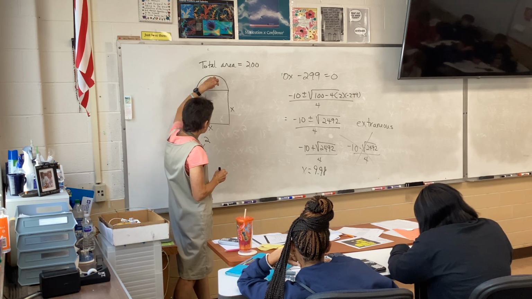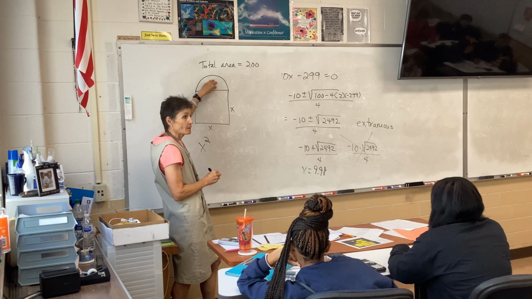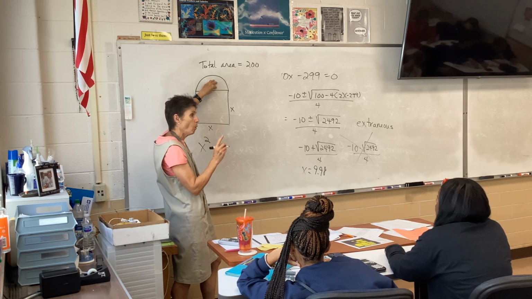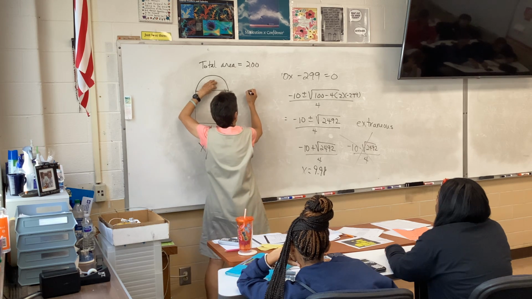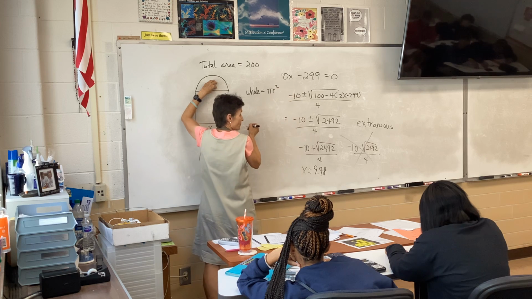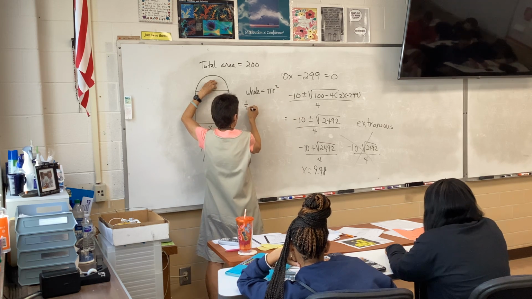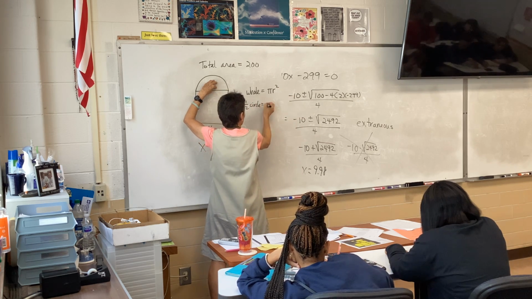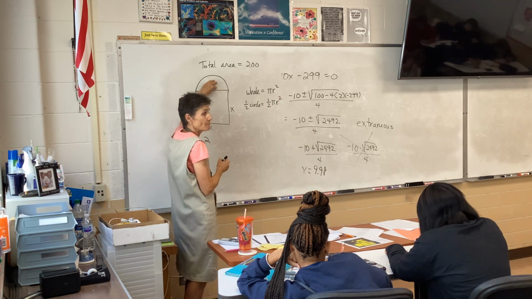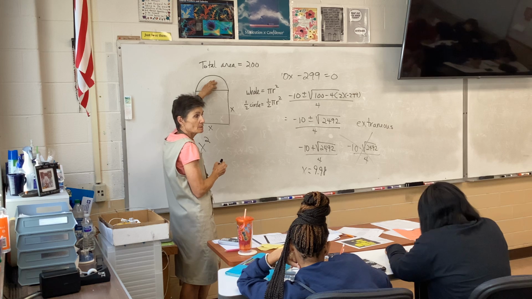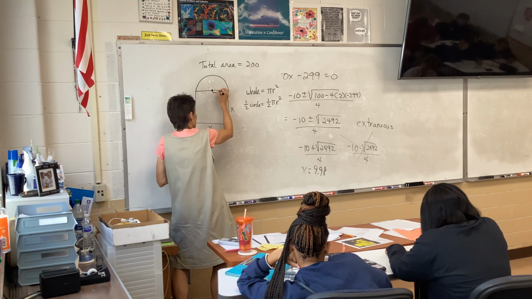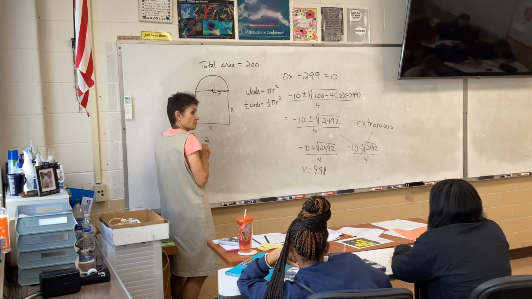What shape is this top piece? Half a circle, right? What's the area of a whole circle? The whole circle is pi r squared. So half a circle would be 1/2 pi r squared. Does that make sense to you? So isn't this r? Right there, isn't that the radius?